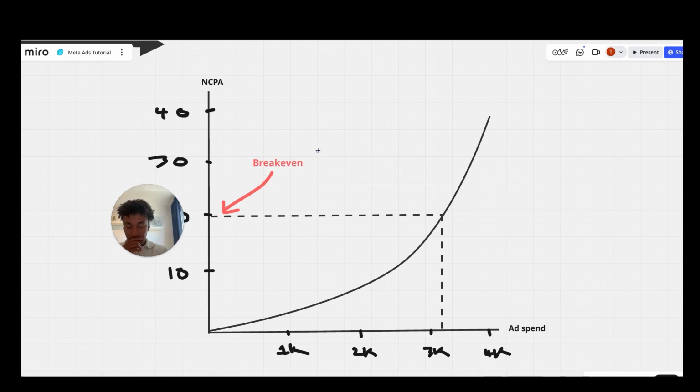So that is something that you need to understand. Take a look at your AOV, your cost of goods, your transaction fees and your returns, and calculate the NCPA which will give you a 15 to 20% profit margin in the end.